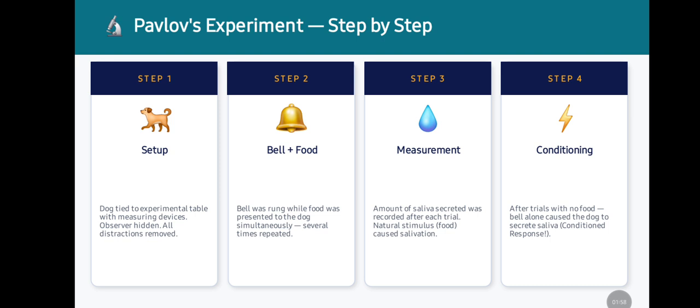Third step is measurement. The amount of saliva secreted was recorded after each trial. The natural stimulus, that is food, caused salivation. Fourth step is conditioning. After trials with no food, the bell alone caused the dog to secrete saliva.